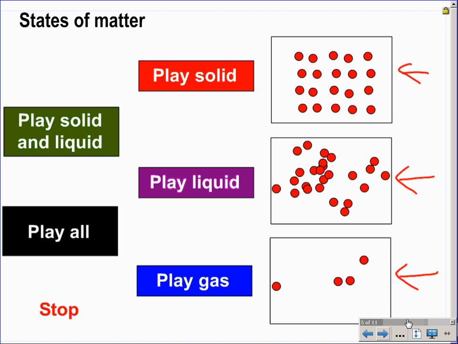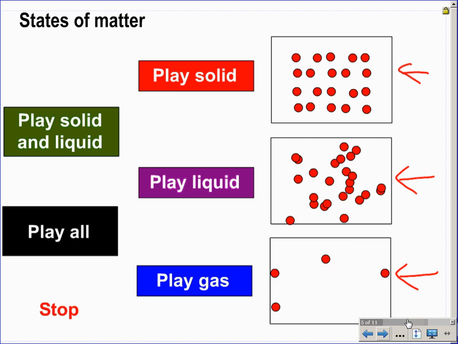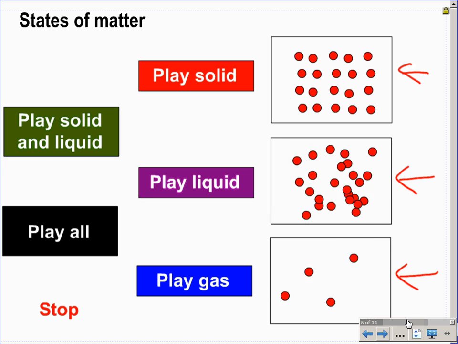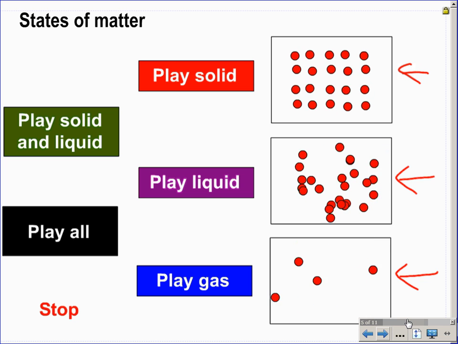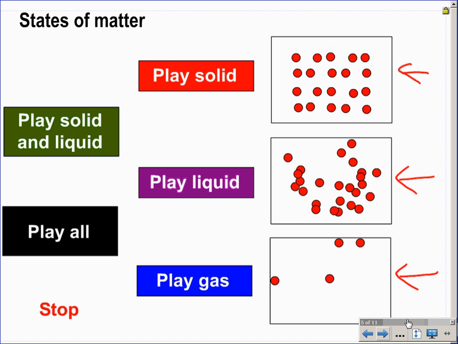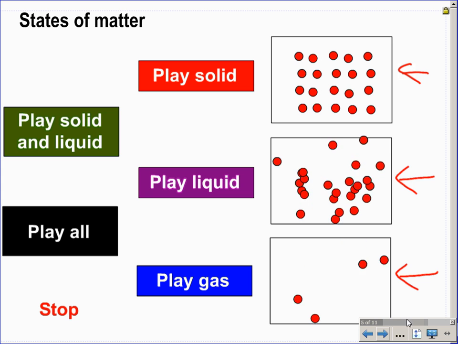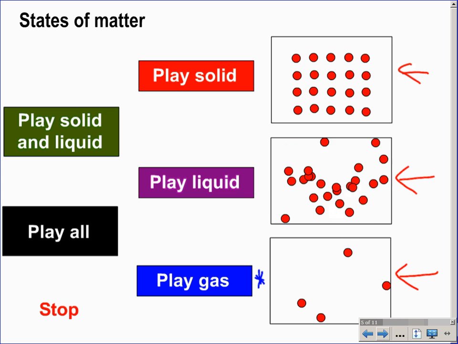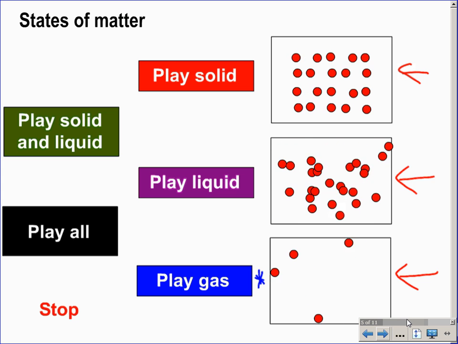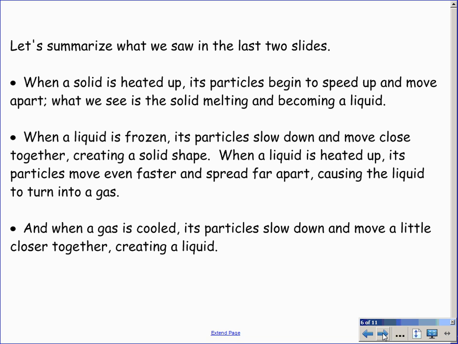There we are. So not a lot of movement in the solid. Good amount of movement in the liquid. And the gas, going down here, the particles are flying around all over the place. So let's summarize what this is all about. When a solid is heated up, its particles begin to speed up and move around. What we see is the solid melting and becoming a liquid.